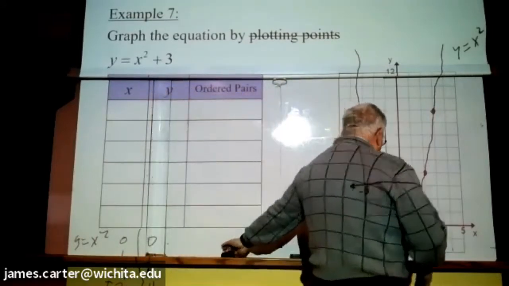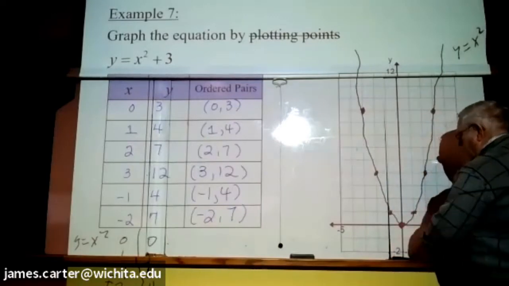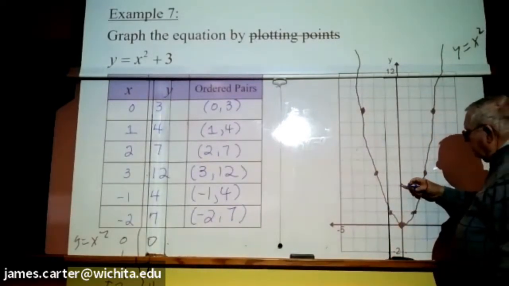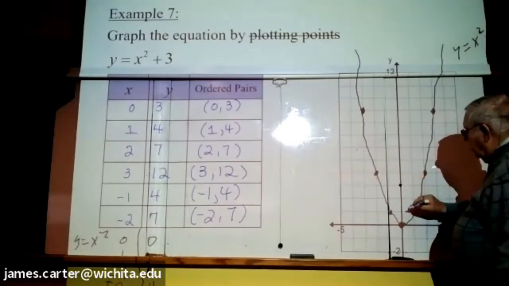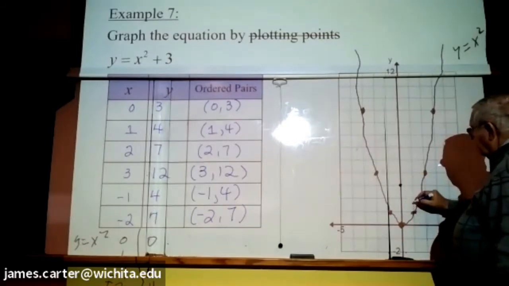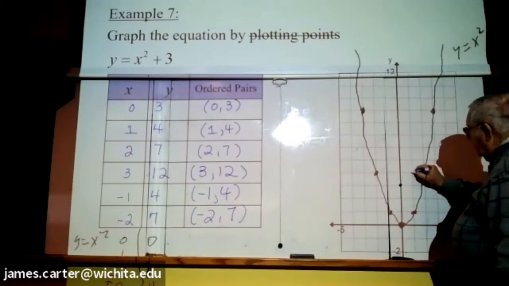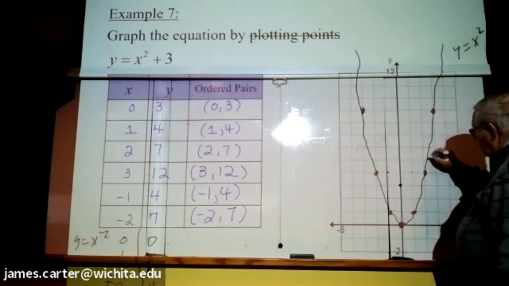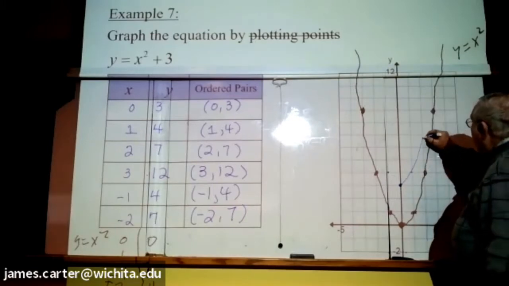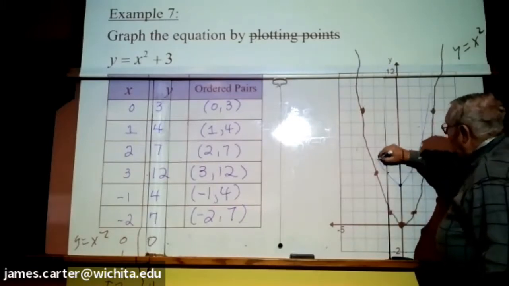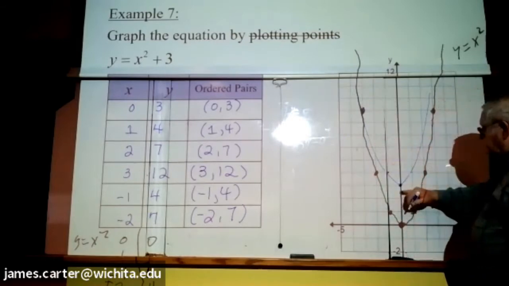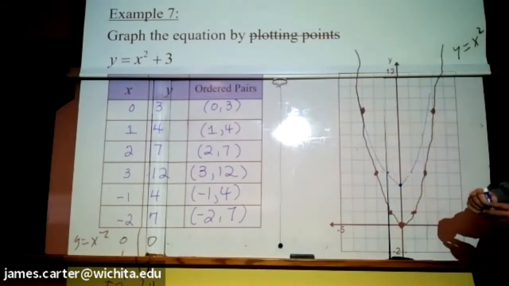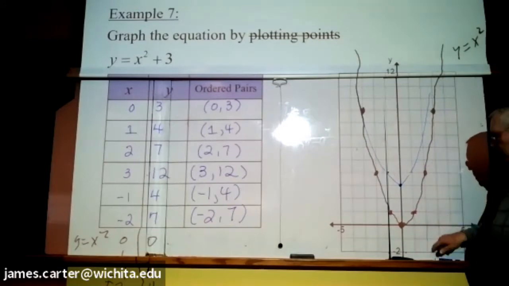So that would move this up 3 places, and everything would move up like so. In other words, it's the same shape, except it's just shifted up 3 places is what that 3 does for you.